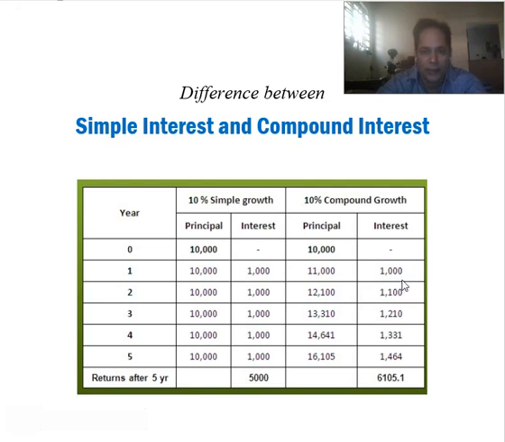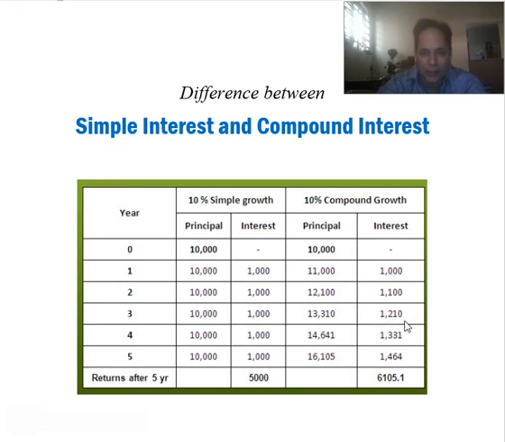So now here your new profit will be added to your previous principal amount 11,000, and your new principal amount will become 12,100. And after the third year, you will get 10% of this 12,100, and that is 1,210.